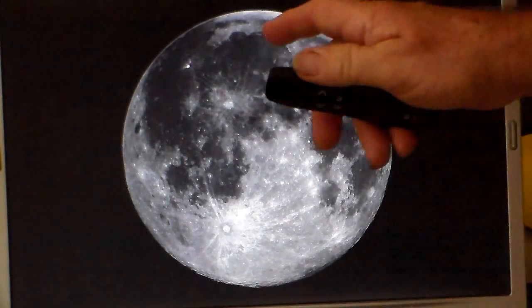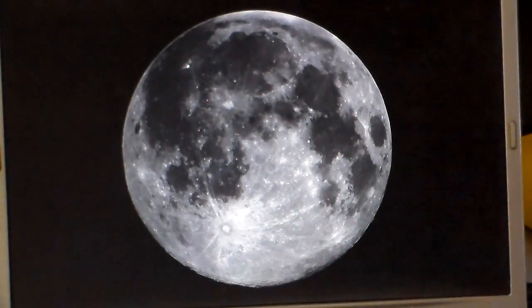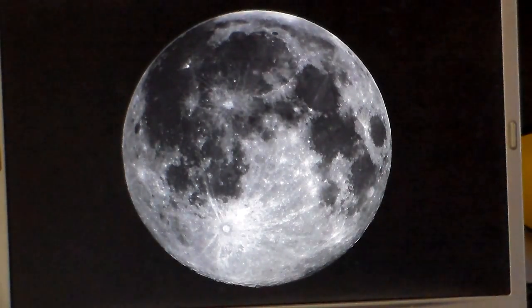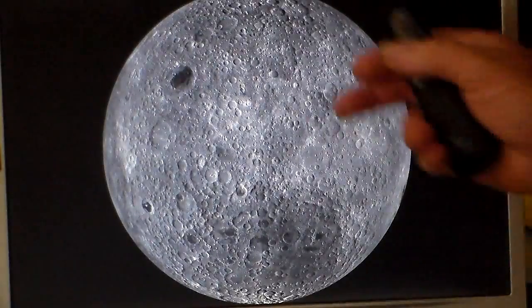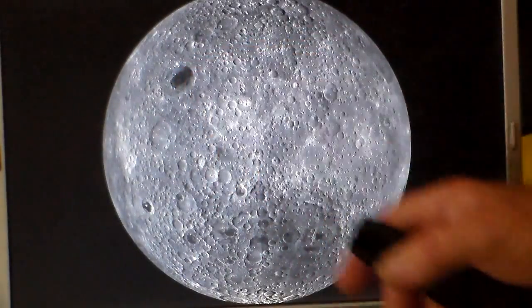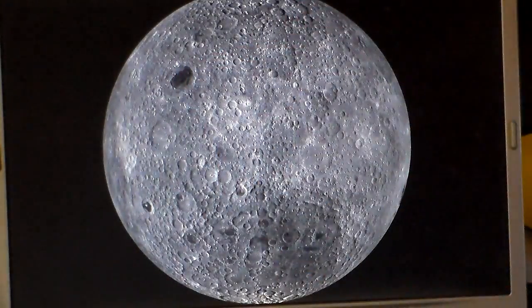The odd thing is that these are basaltic lava, and the largest craters were formed on this side of the moon, which always faces towards the Earth. The other side always faces away from the Earth, so you can't see it. The other side of the moon has more craters, but they're smaller. One of them has some basalt lava in it, but most of them don't have lava.